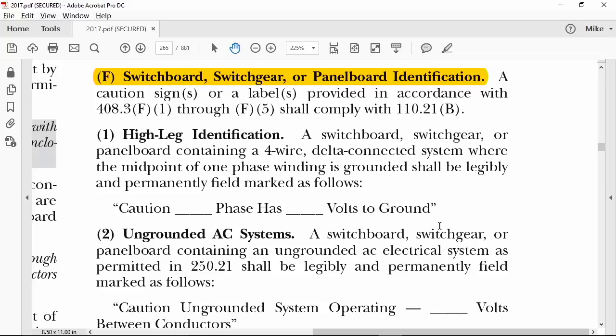Wait a minute. A switchboard, switchgear, or panelboard containing, Brian, we have to submit a public input. It has to say phase B. Well, I'm thinking, what if you've got an existing building that's already got a system in at another phase, and you're just needing to mark it?